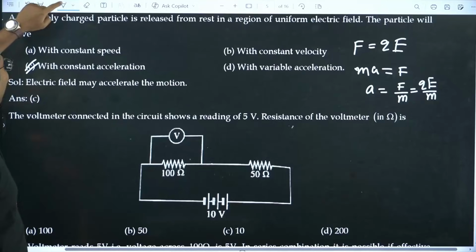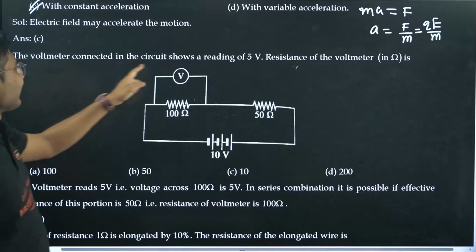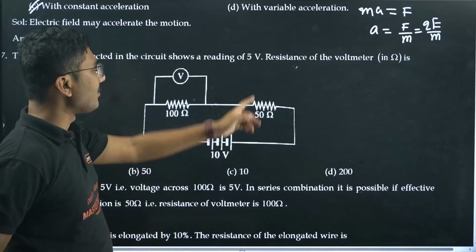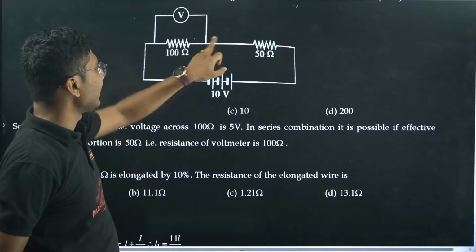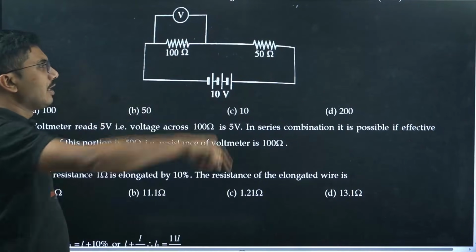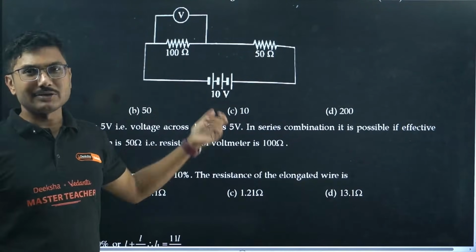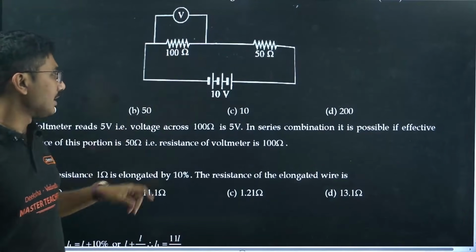Okay, next, a circuit based question. The voltmeter connected in the circuit shows a reading of 5 volt. The resistance of the voltmeter is? Here you are shown a circuit with 100 ohm, 50 ohm, and 10 volts. You have to calculate the total current in the circuit, and based on the current, the actual voltage across this 100 ohm.